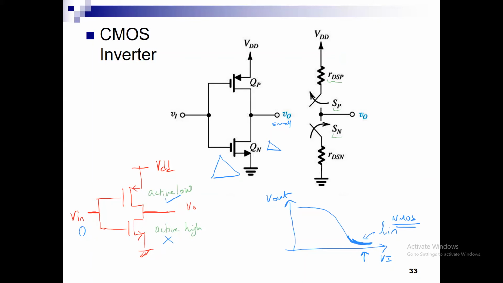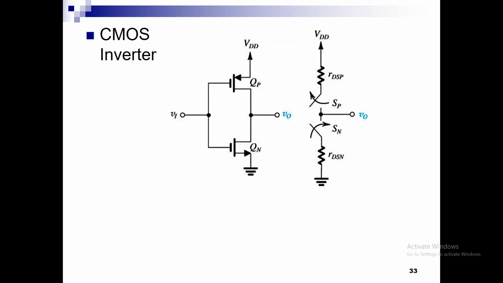In a similar fashion, the PMOS, when it pulls up, will be in the linear region. We'll prove it later. But let us look now at what is the resistance of the NMOS device in the linear region. So for the NMOS to pull the output to low, it will be in the linear region. This we'll prove later.